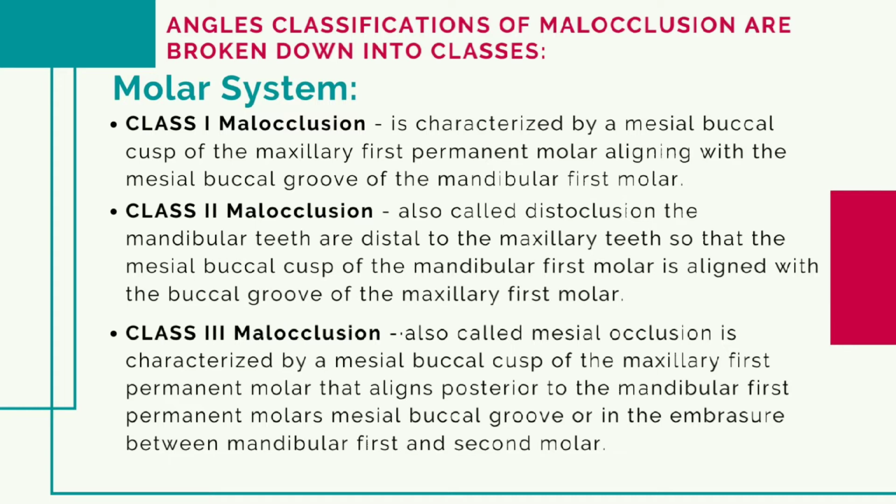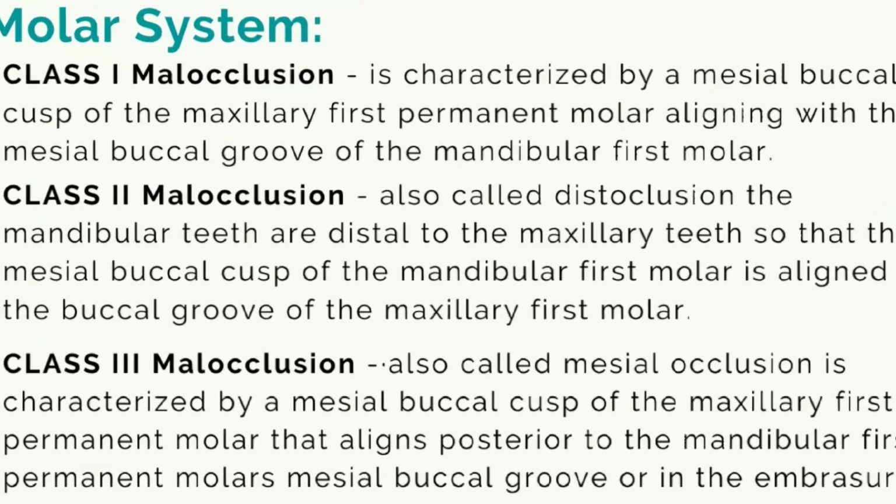Class 3 malocclusion, also called mesial occlusion, is characterized by the mesial buccal cusp of the maxillary first permanent molar aligning posterior to the mandibular first permanent molar's mesial buccal groove or in the embrasure between the mandibular first and second molar.